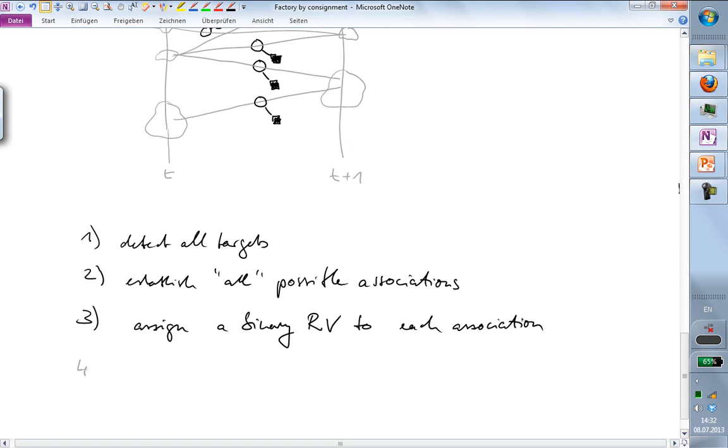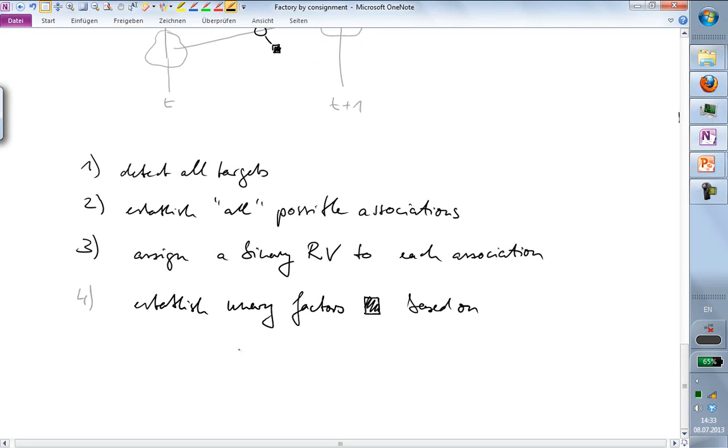So I can, in the next step, establish unary factors that I've drawn as black boxes based on... And now this is your chance to inject what domain knowledge you have. So for example, if I believe that things should not move around too much between two time steps, then I would say that the proximity of the two associated detections, proximity in space, would be a good feature here.